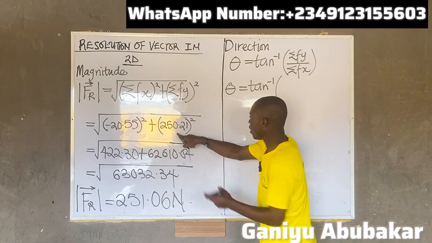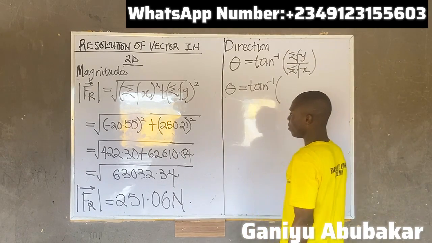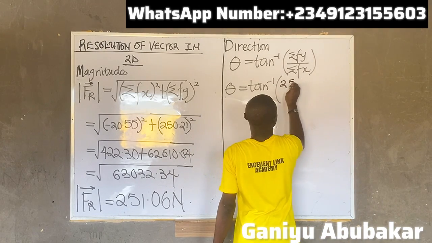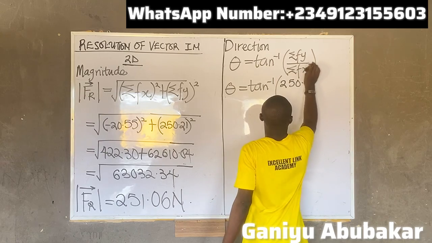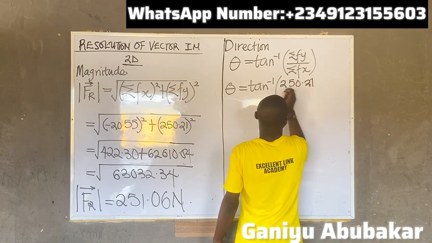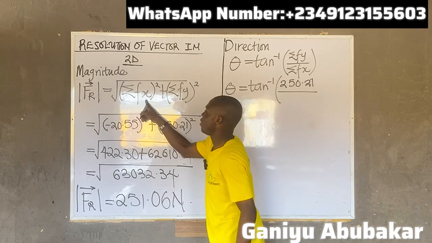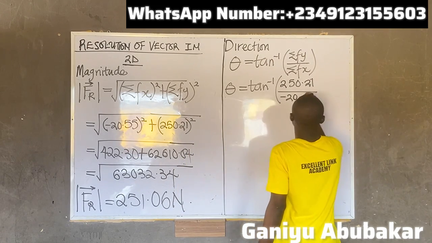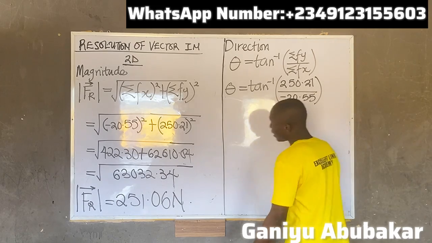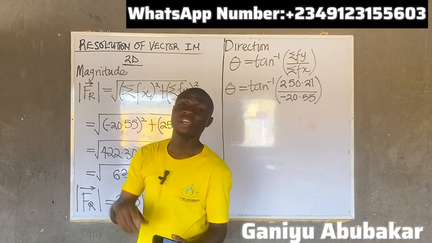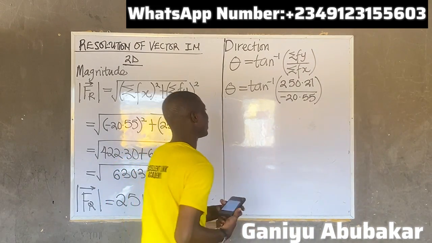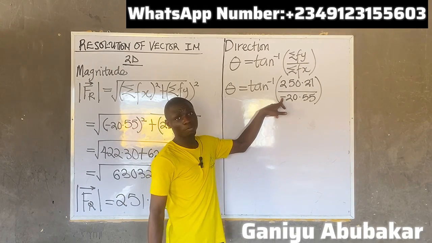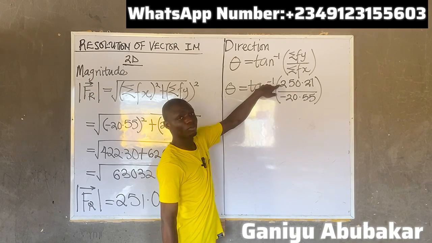F of y is this value here, that's 250.21, all over f of x, that's a negative 20.55. At this level in your studying career, it's expected that you should know that a negative sign should not be under the denominator this way. So I'll take this up this way.